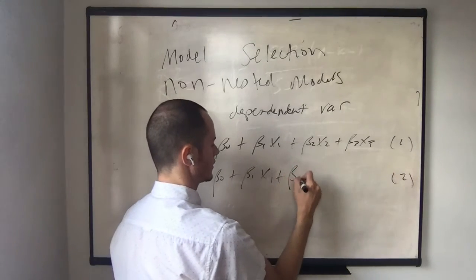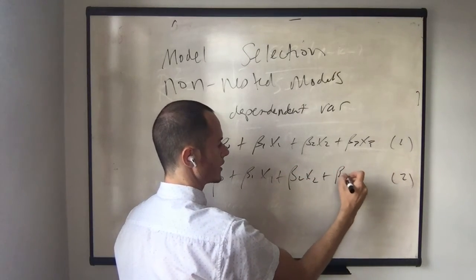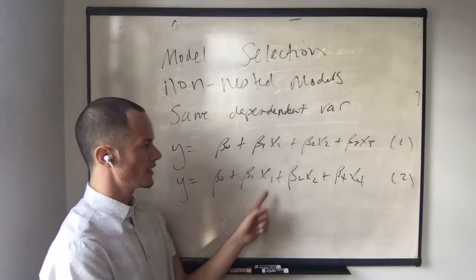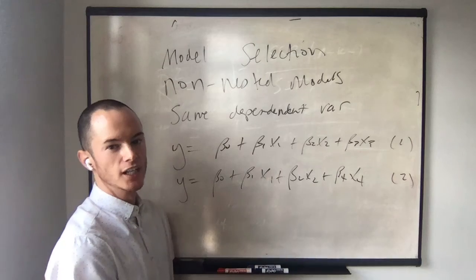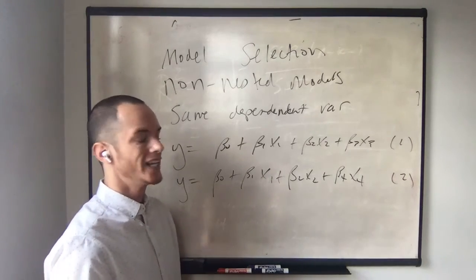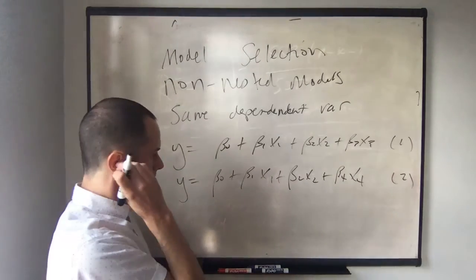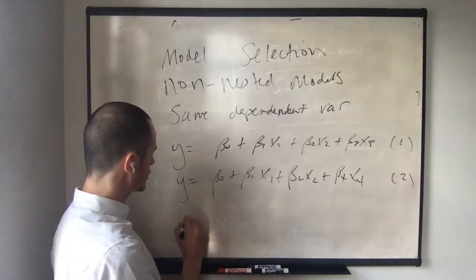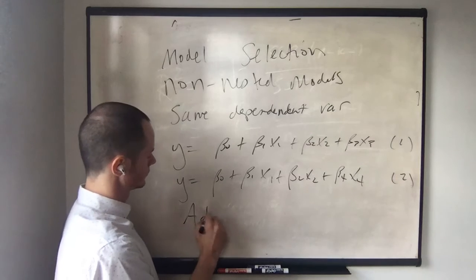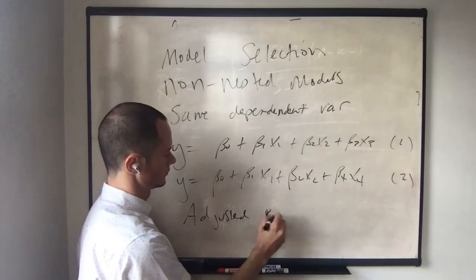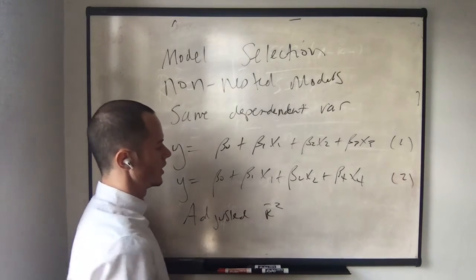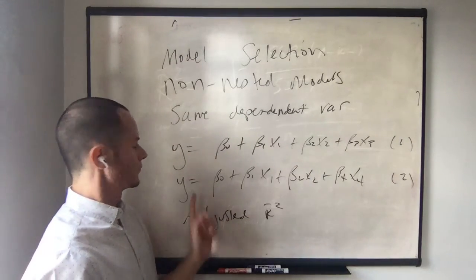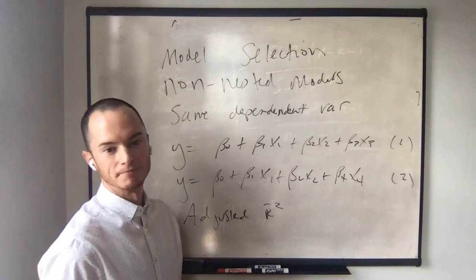But if one equation is not contained within the other, then you have non-nested models. Because you have the same dependent variable, then you can use adjusted R-squared to see which model explains the dependent variable better.